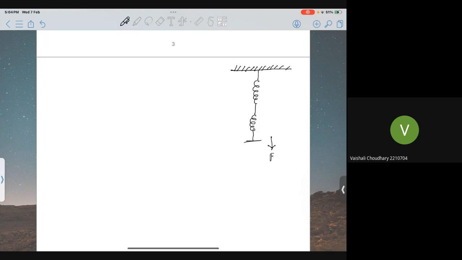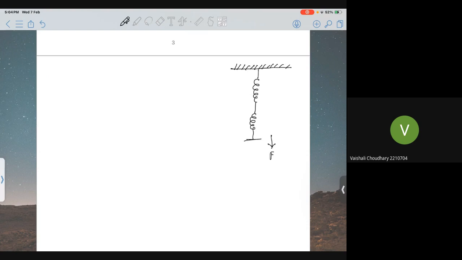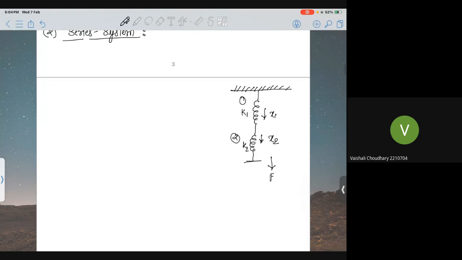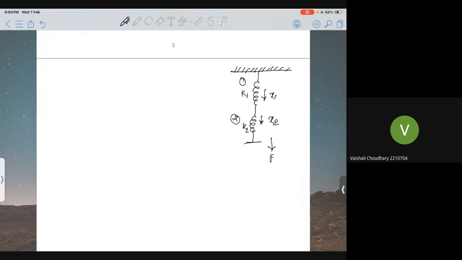So in that case, they will experience the same force, but the deflection will be different. Spring 1 will experience a deflection of x1, whereas spring 2 will experience a deflection of x2. Okay, and the spring constants are k1 and k2.